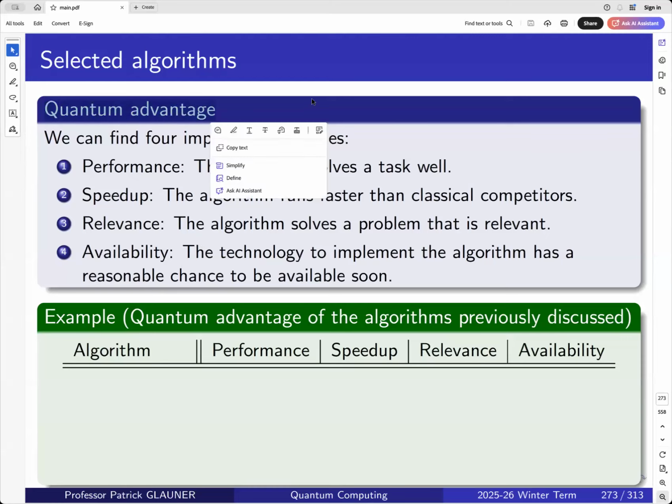There's this term quantum advantage. Some people use a different term, quantum supremacy, which means more or less the same, but I think quantum advantage sounds less troubling than quantum supremacy.